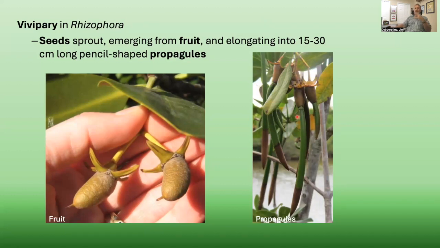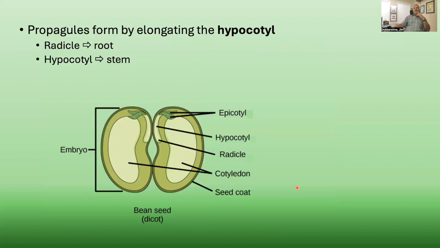And so you've got the fruit, and you'll see these on mangroves, and then you'll see the propagule will actually develop from the underside of where that fruit is as it kind of bursts through, right? And so what they're doing is they're elongating from the hypocotyl, right?